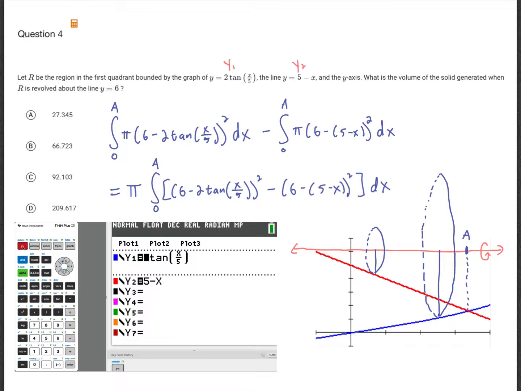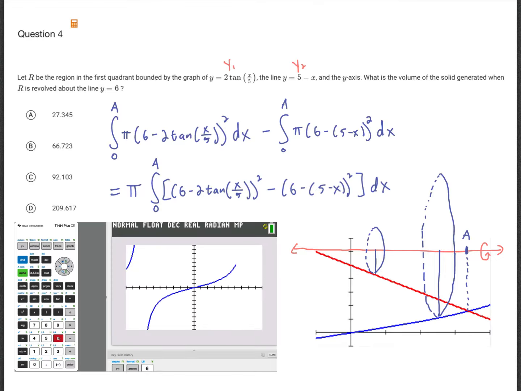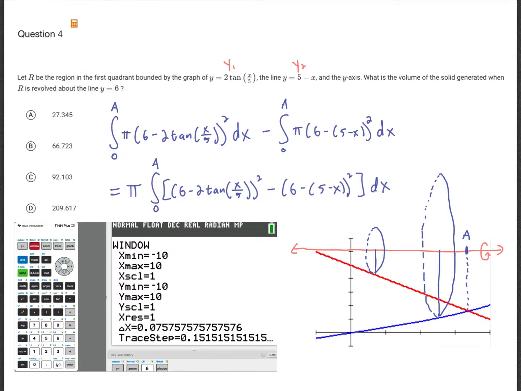Then while you put it into the calculator, you won't make a mistake as easily. So those are our functions. I'll change the window just to get a better view, but a lot of times it doesn't matter.